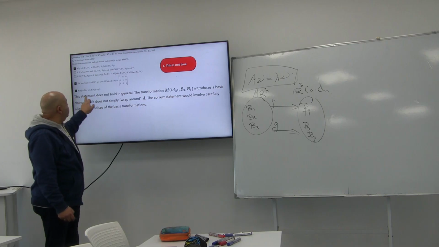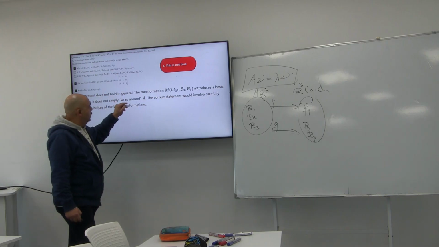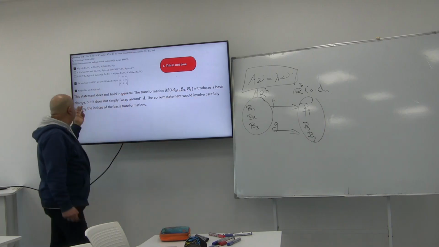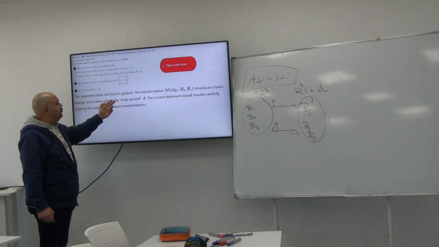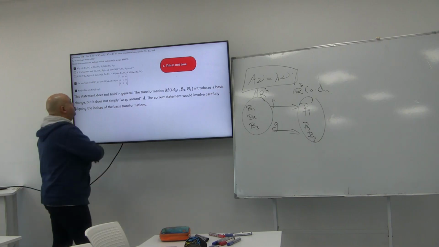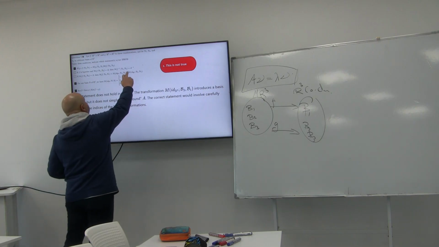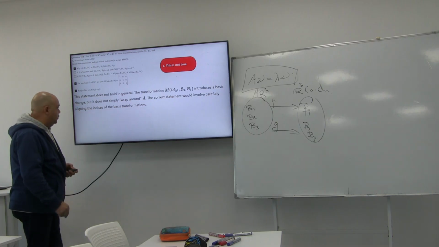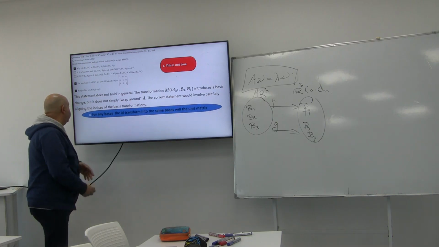I have written to you that this statement doesn't hold in general. The transformation B3 introduces a basis change, but it doesn't simply wrap around A. I don't have to move around A, so moving A here is not correct. It's not going to give you the movement that you're looking for, so it's not correct.